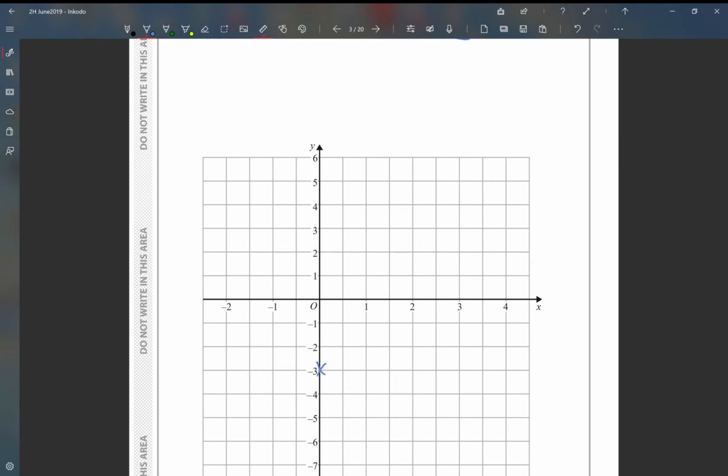And then it's got a gradient of 2, so every 1 across, it goes 2 up, 1, 2. So it looks like it's 1, but it's actually not, because this scale is a bit awkward. And then 1 across the x-axis, and then 1, 2. 1 across, 1, 2. You'll notice a straight line here.